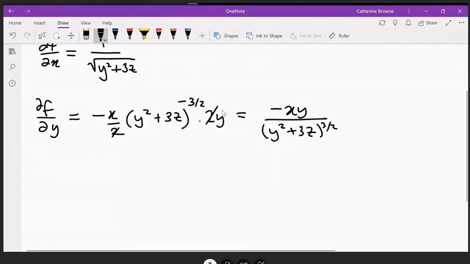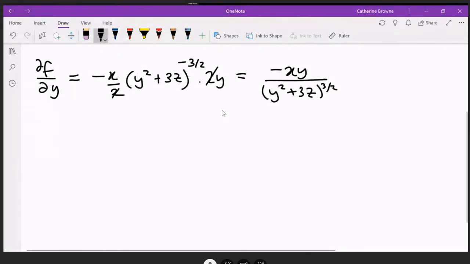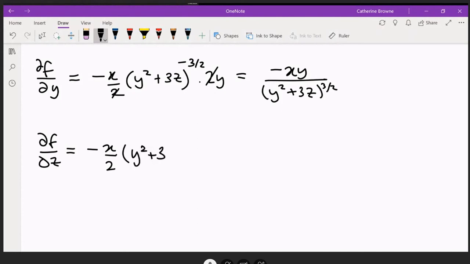And now we're going to do the same for z, pretending that x and y are constants. And so similar to when we found df dy, I need to use the chain rule. So we get minus x on 2 times y squared plus 3z to the minus 3 on 2. And this time we need to differentiate what's in the brackets with respect to z.